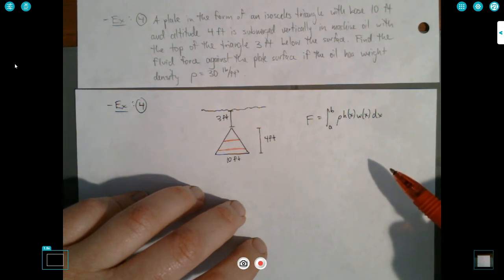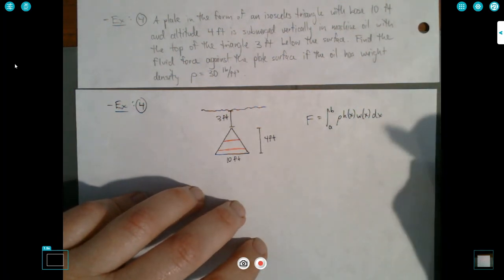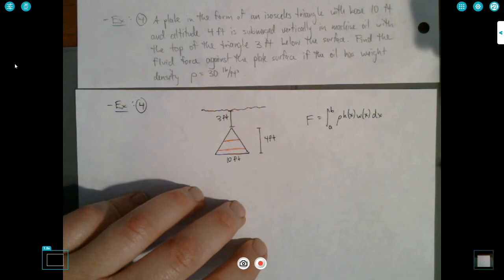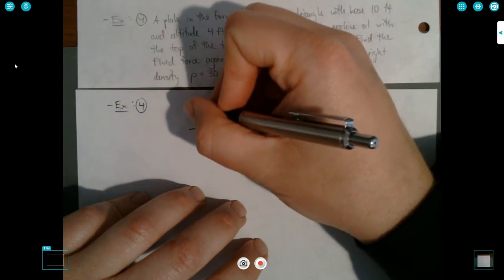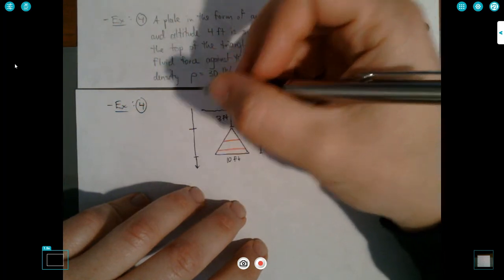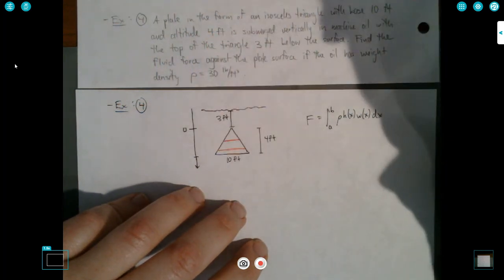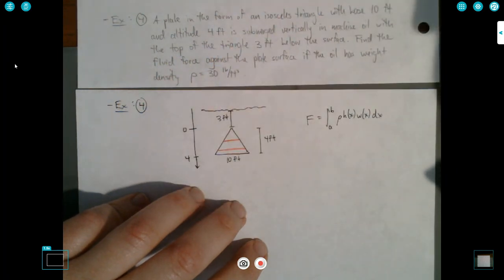I'm trying to think of the best way to do this. I think the best thing to do would be to say that this is 0, on the x-axis.